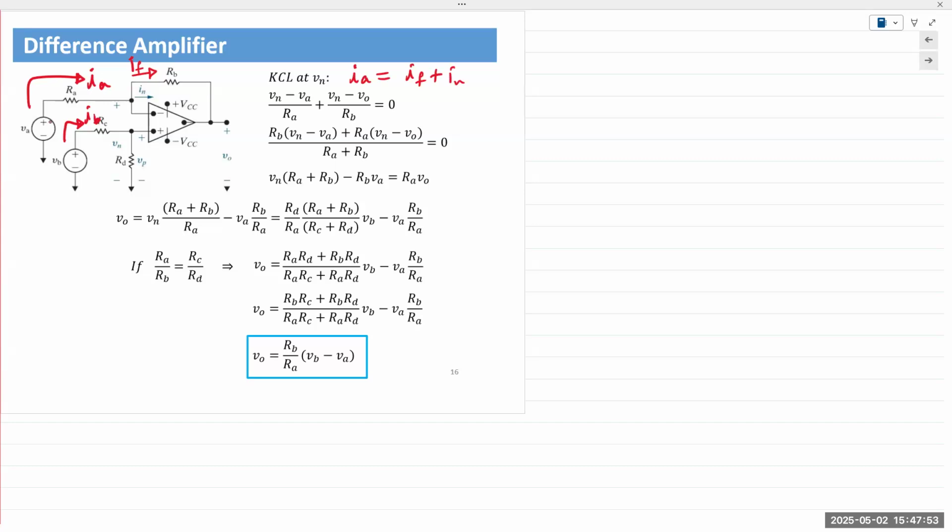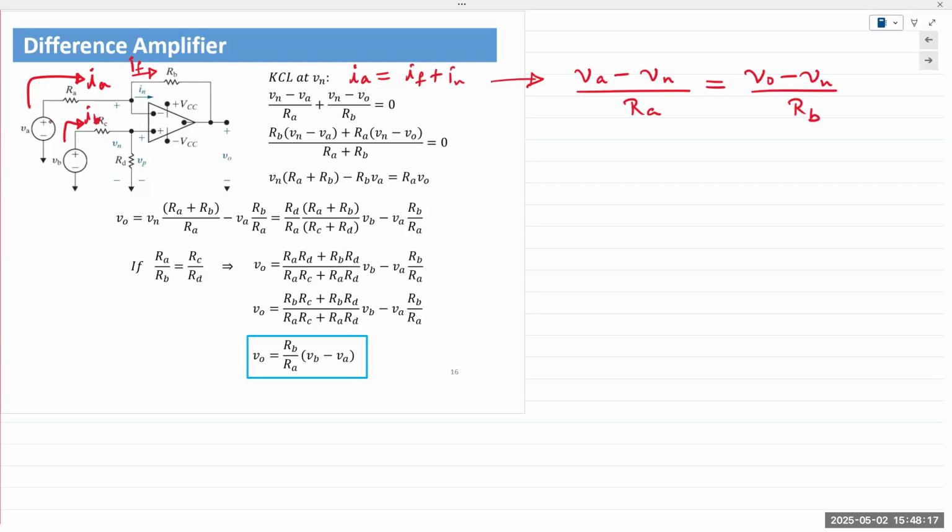Getting confused myself. And then the feedback current is VN minus VO over the feedback resistance. Let me write it out. So IA is VA minus VN over RA, which is equal to VN minus VO over the feedback resistance RB.